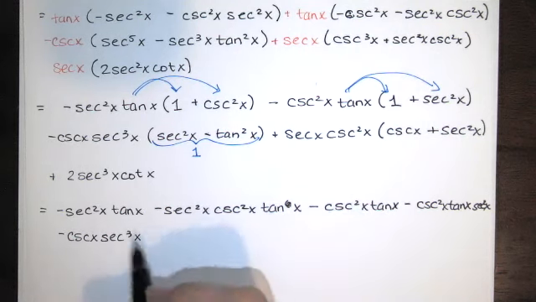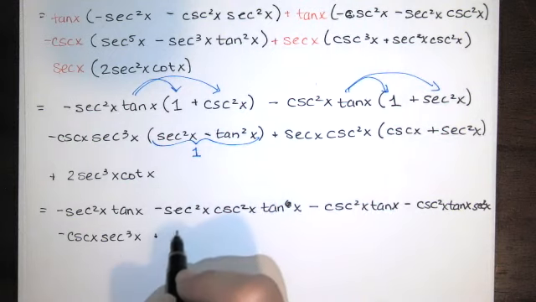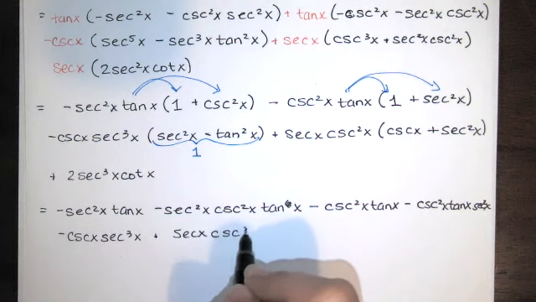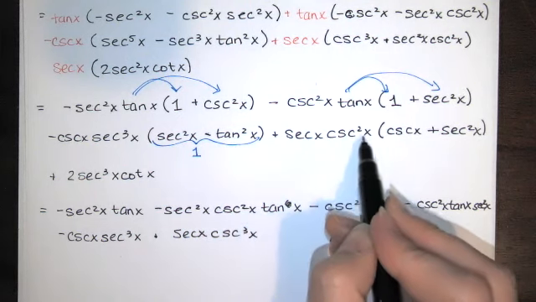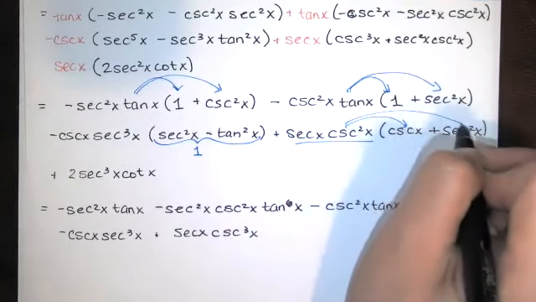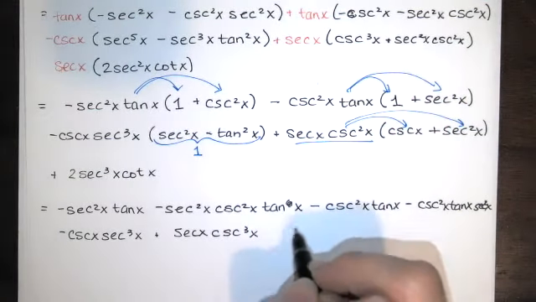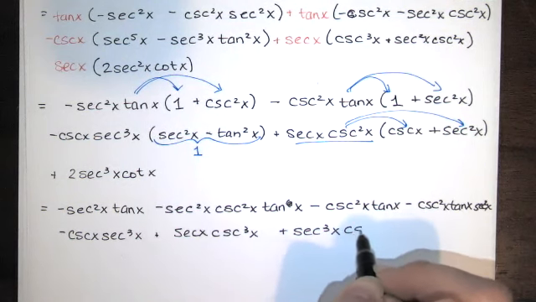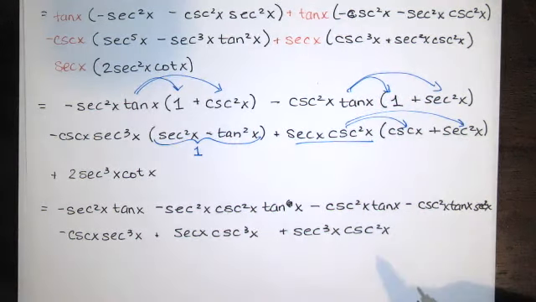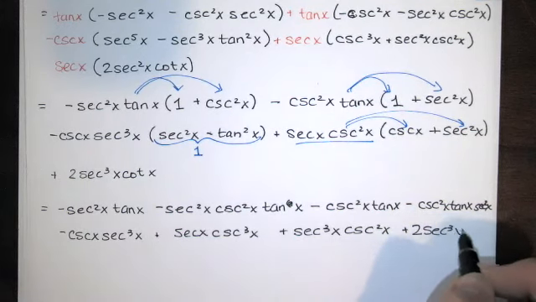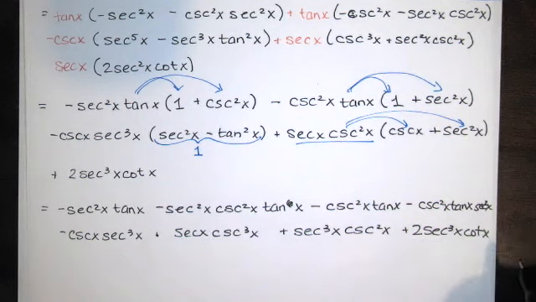And then here we have a secant of x times cosecant cubed x. And this quantity times this quantity is going to give me a positive secant cubed x cosecant squared x. And then the last one is positive 2 secant cubed x cotangent of x.